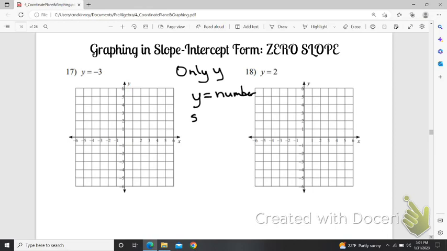So we're going to start on the y-axis. We're still going to begin on the y, but it's going to be a horizontal line. So we're going to go back to starting on the y, not the x, the y, but it's going to go across. So where is y -3?